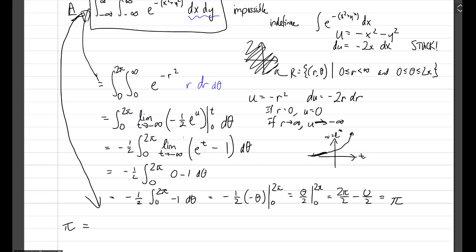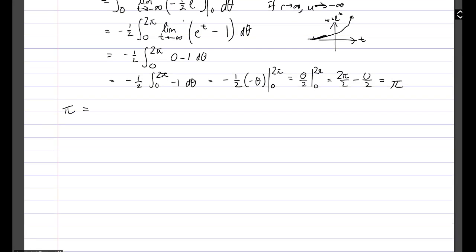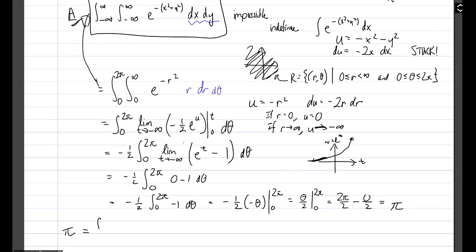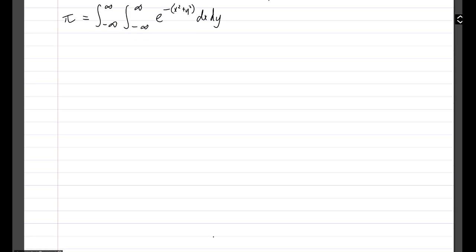We're just going to rewrite this down here because we just computed an integral that we could really never do. Let me leave the screen like this so I can copy this. Integral negative infinity to infinity, integral again negative infinity to infinity, e to the negative quantity x squared plus y squared dx dy. But now, what we're going to do is kind of an interesting algebraic manipulation.